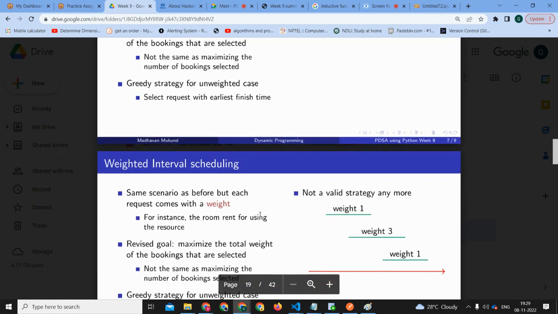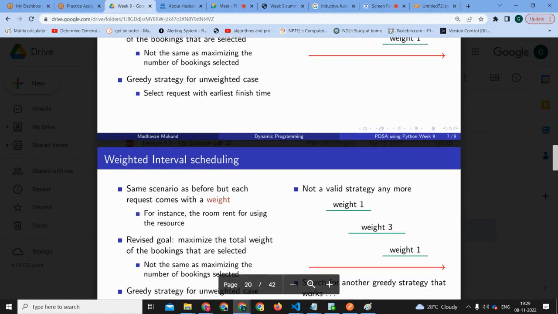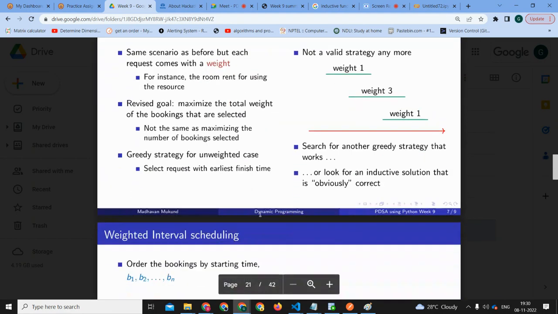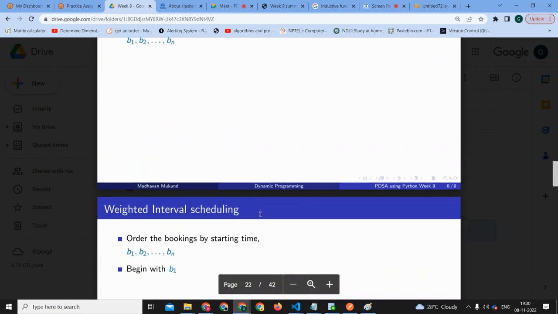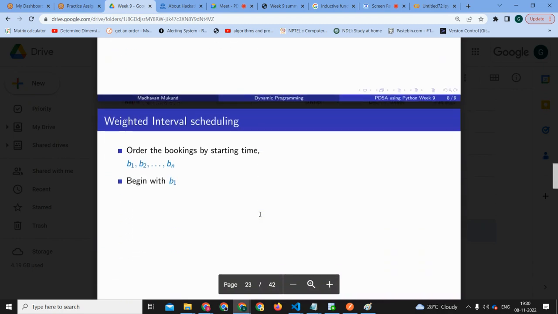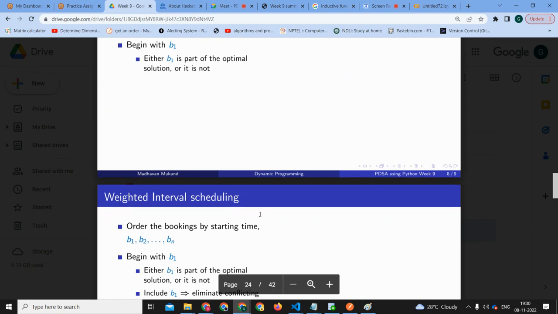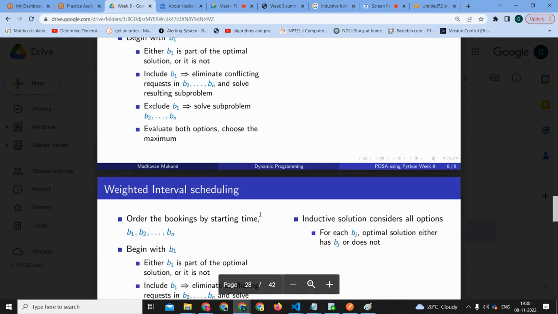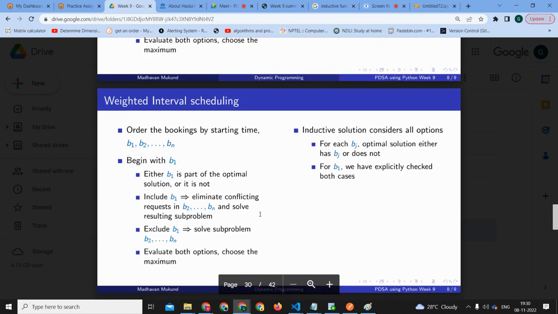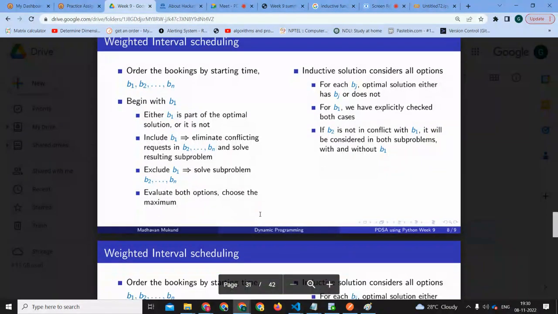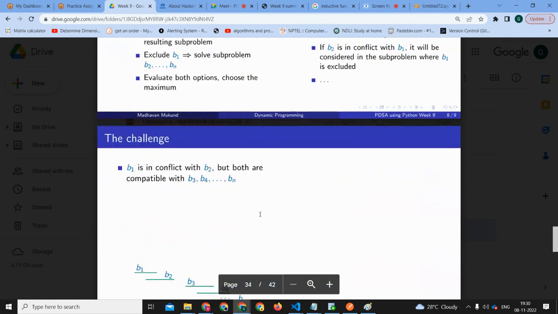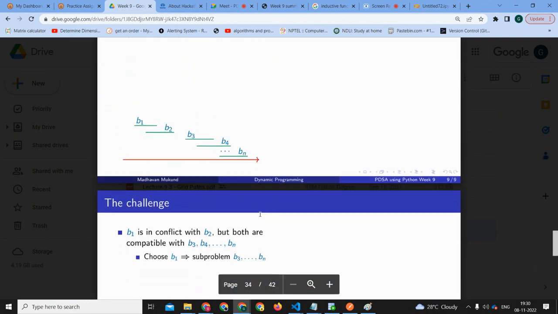Weighted interval scheduling. What is this? We don't have anything. Do you have anything regarding dynamic programming in this?